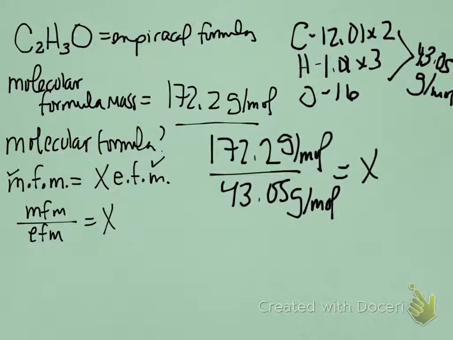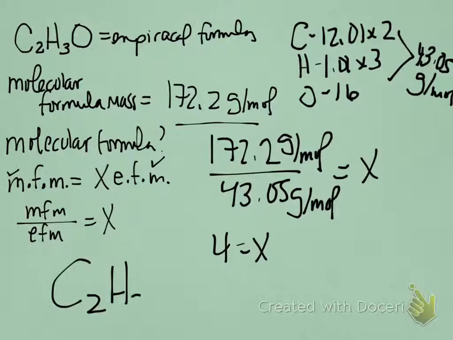What is our whole number multiplier? Yep. I had to check. I made it up, but I was thinking 5, but no, it's 4. You're right. So what's our molecular formula? What are we going to do with that 4? Yep.